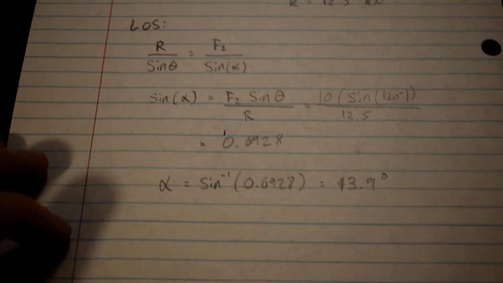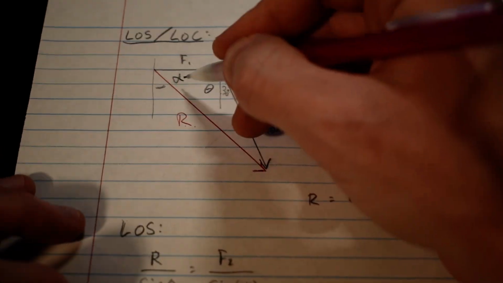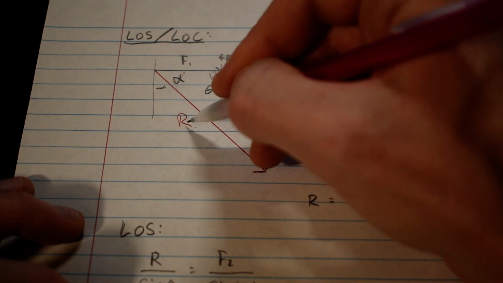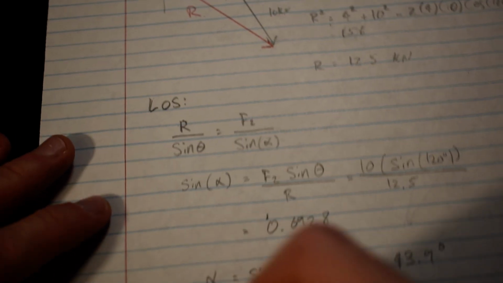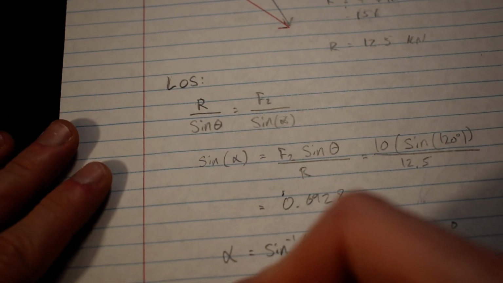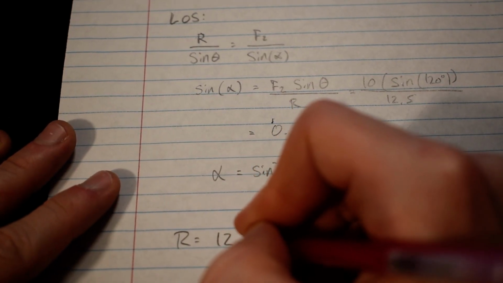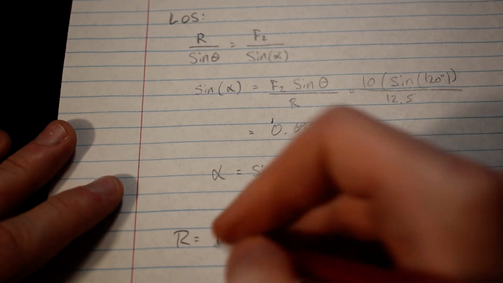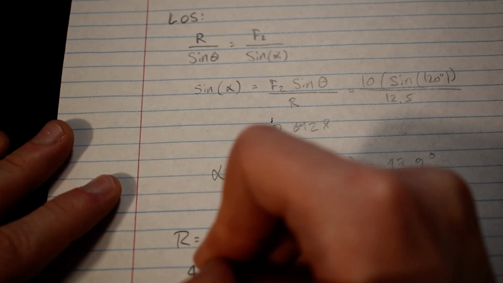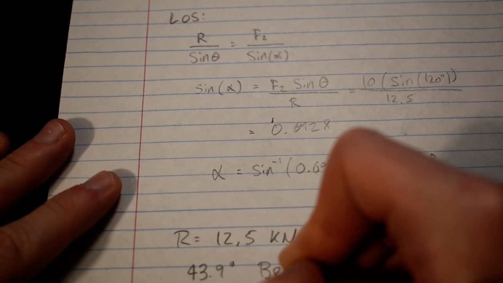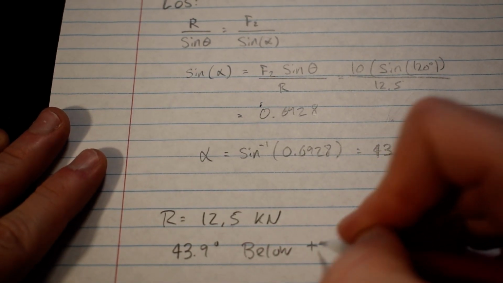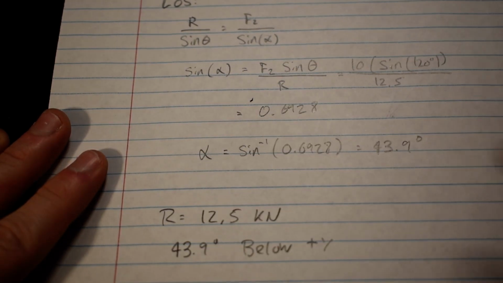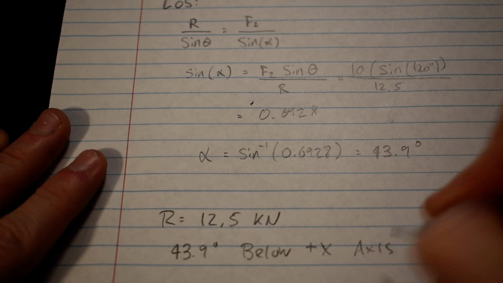So using this method, and remember that this angle, alpha, is the angle between the resultant and the horizontal, we can say that R is equal to 12.5 kilonewtons, and it is 43.9 degrees below the plus x axis.